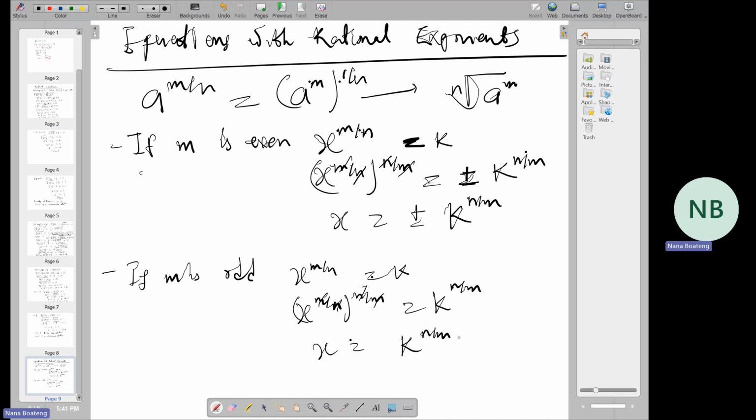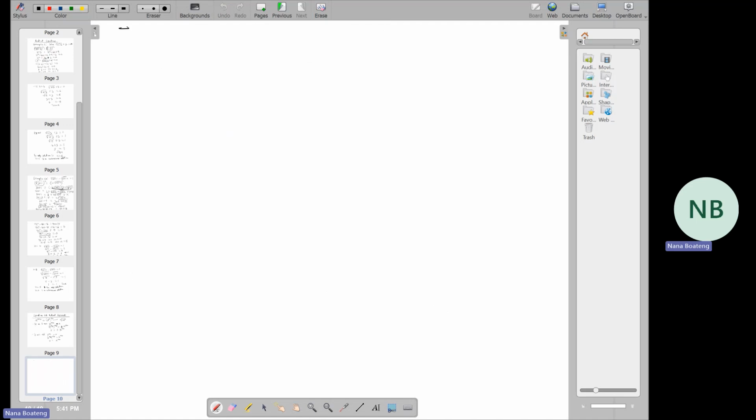Let's call this example 4. Example 4 says solve 5x power 3 divided by 2 minus 25 is equal to 0.